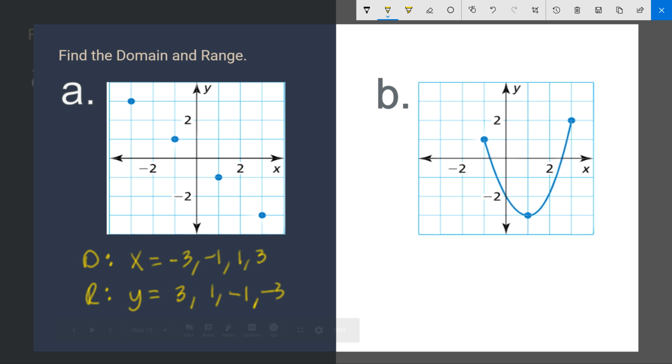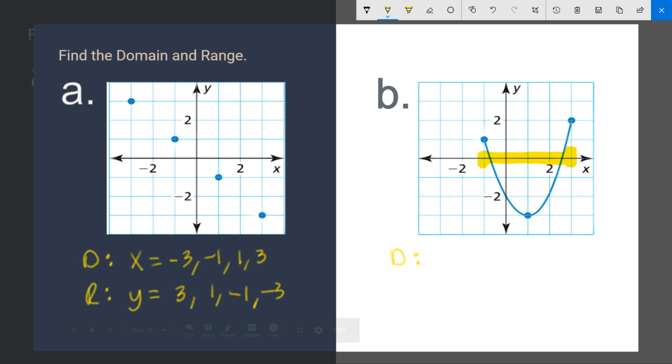All right, with part B, if we do domain, so domain goes from here up to here, because we're looking at where the graph is drawn compared to the x-axis. So this is the furthest on the left that the graph is, and then over here is the furthest on the right that the graph is.